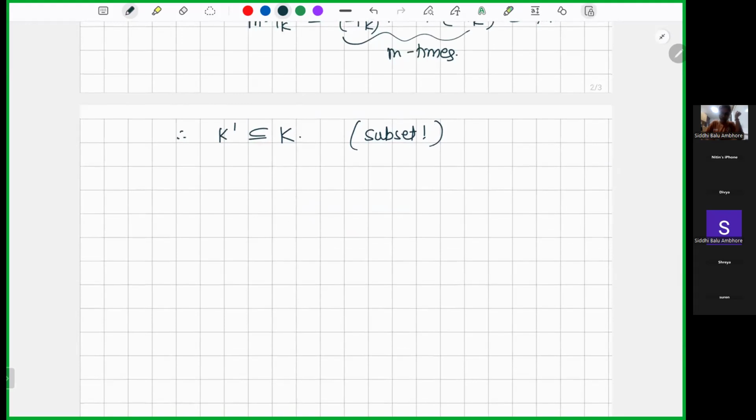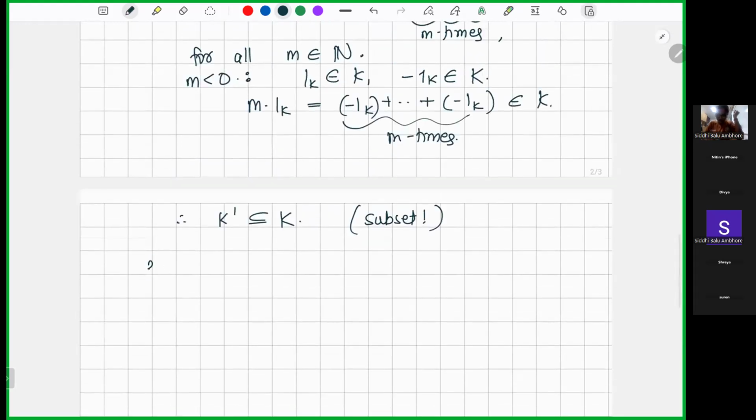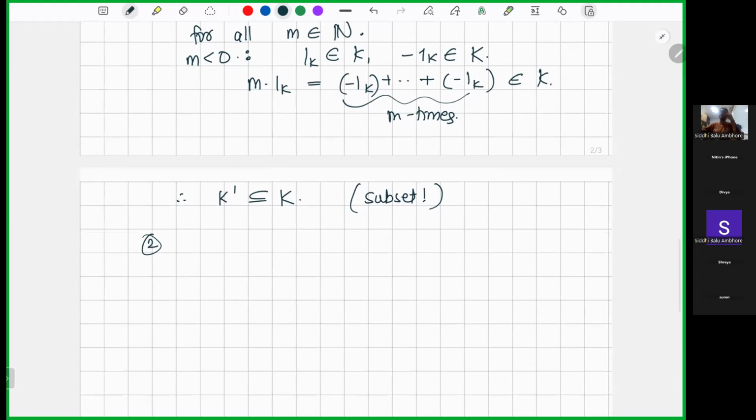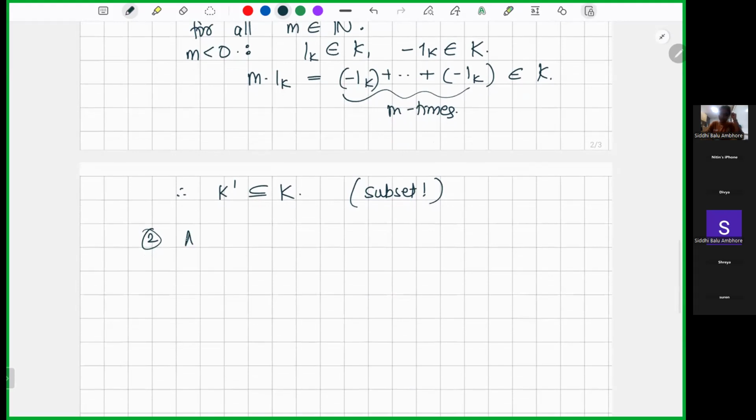Now the additive identity. The additive identity is there in our original field K, but I also need to prove that this additive identity is in K dash.